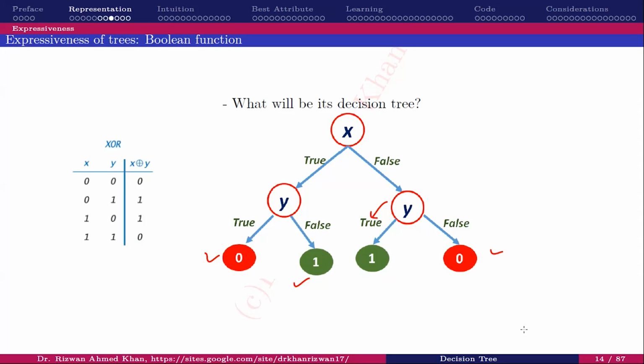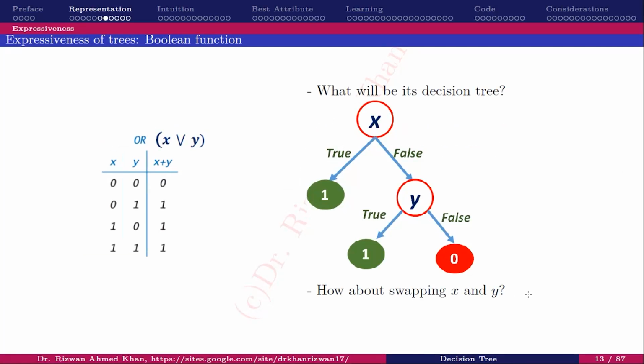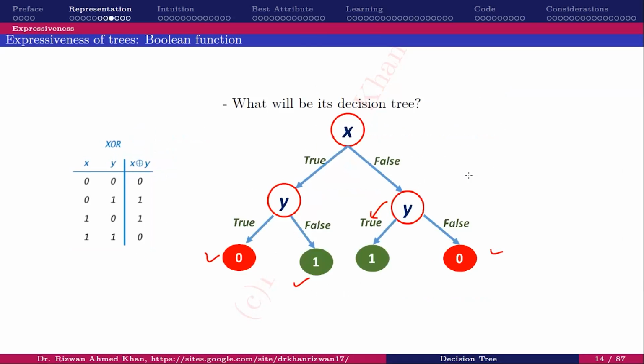Any query on this decision tree? If anyone doesn't get it, tell me. Okay, there is a difference in this decision tree and that decision tree. Can anyone explain the difference between the decision tree of OR and exclusive OR?